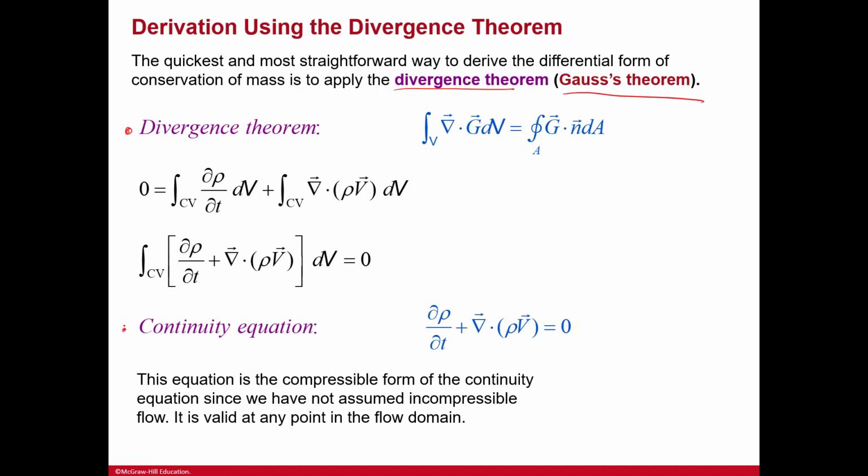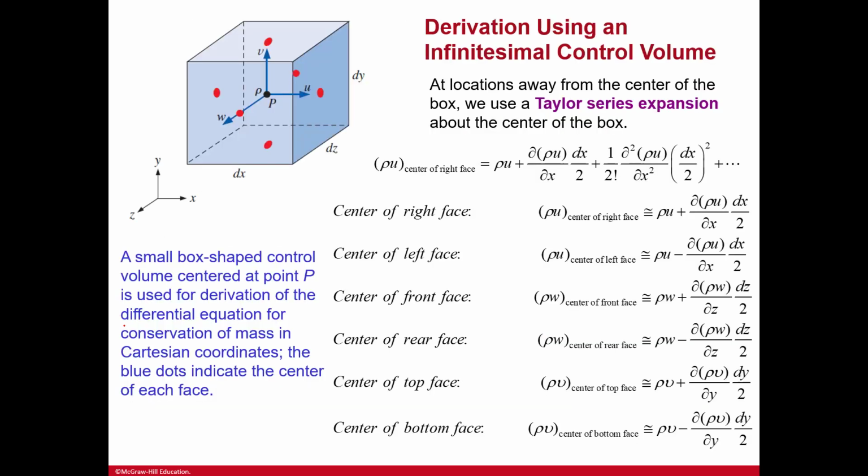And this equation is the compressible form of the continuity equation since we have not assumed incompressible flow. It is valid at any point in the flow domain. And remember, we've been using incompressible liquids, right? And so this one is going to be compressible, the compressible form.